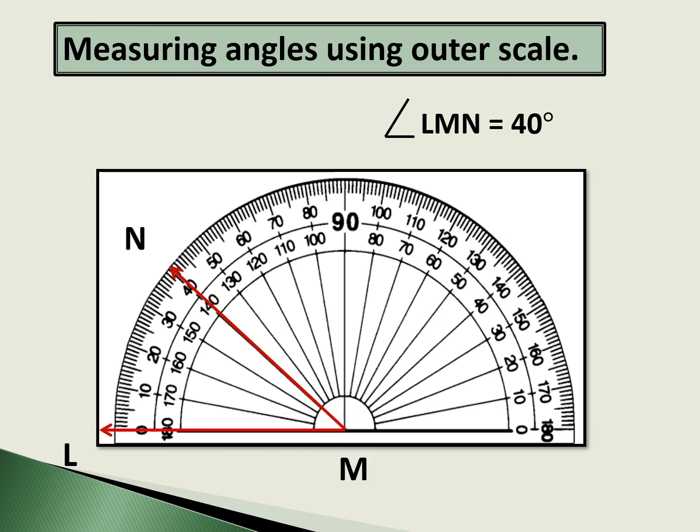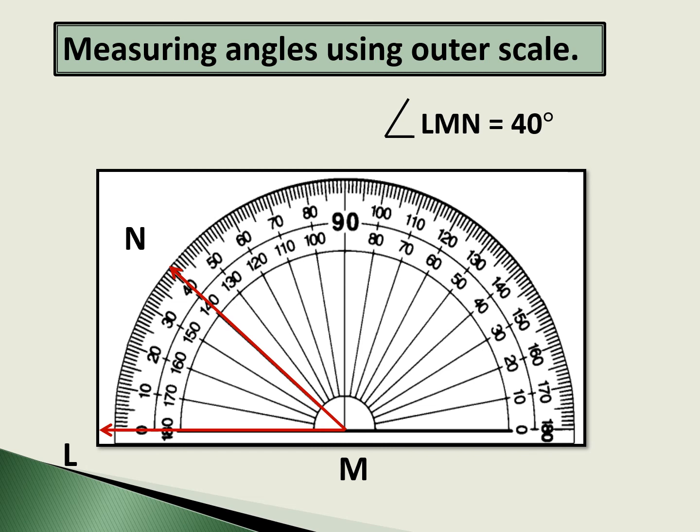Now look at angle NML. The baseline arm ML of the angle points to the 0 degrees of the outer scale. Hence, we will use the outer scale to measure the angle NML.